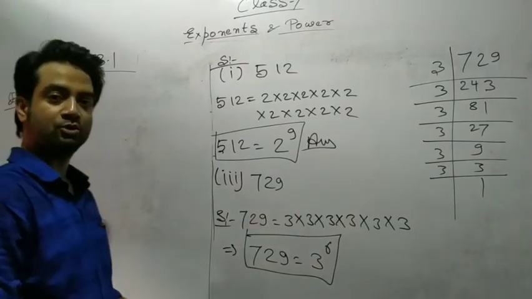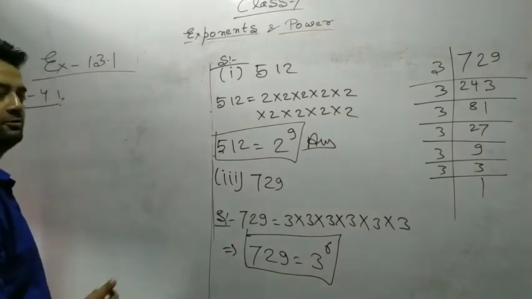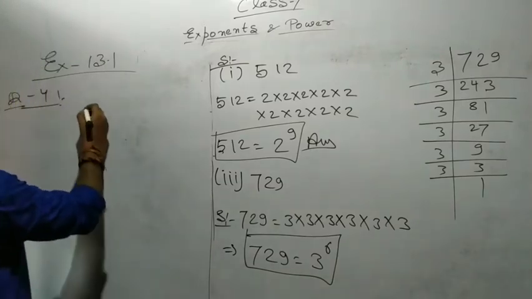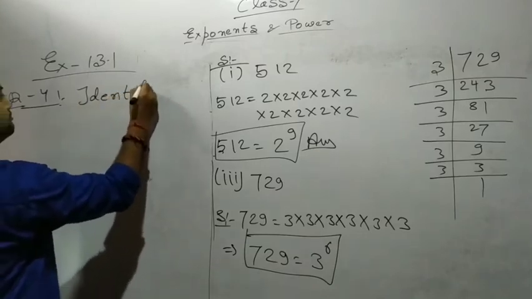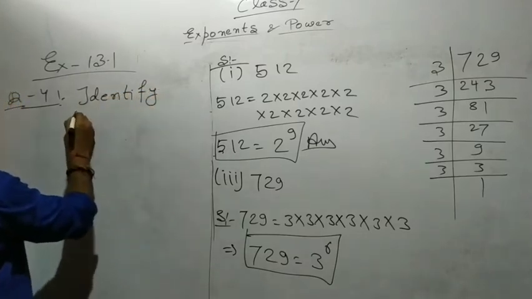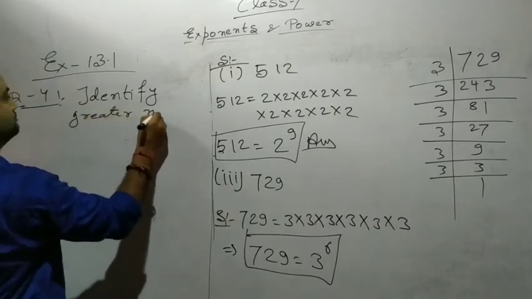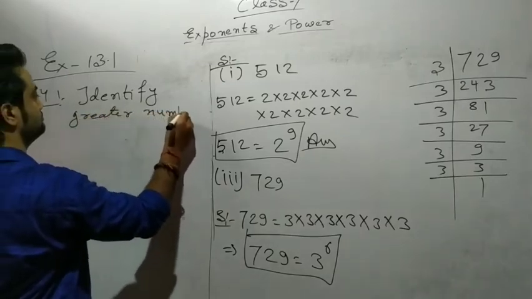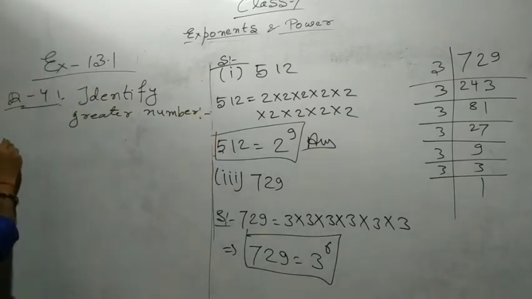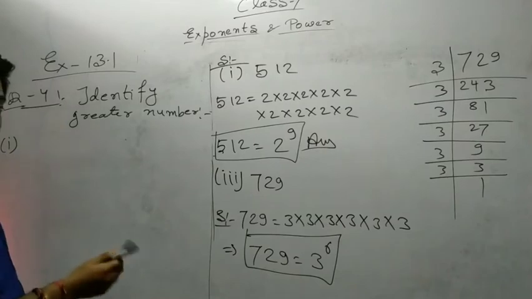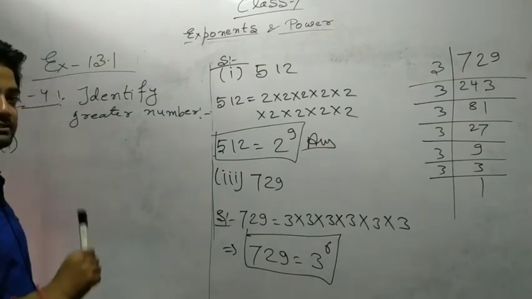Now let's move to our fourth question. In the fourth question, we have to find out the greater number. A pair of numbers is given, we have to compare and find out which number is greater.